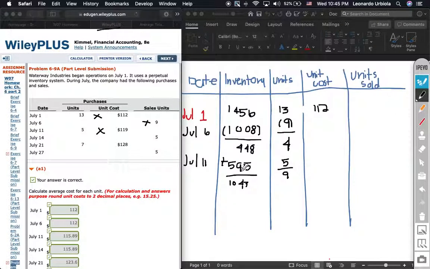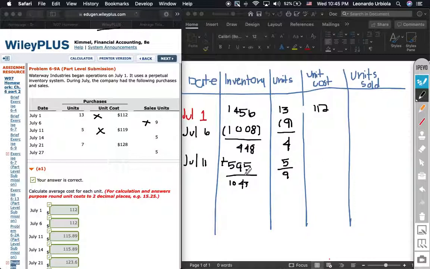So this is the amount that we had before. This is our total inventory, 1,043. We divide that by 9, and now we will have the result of the unit cost for July 11th.